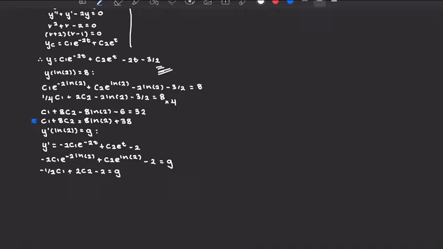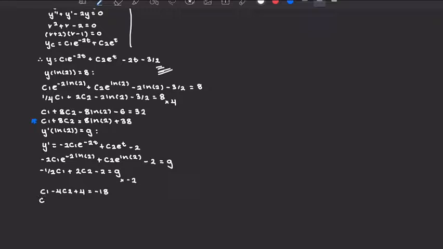And afterwards, let's multiply our whole equation here by negative 2, so we don't need to worry about fractions. So we get here c1 minus 4c2 plus 4 equals negative 18.